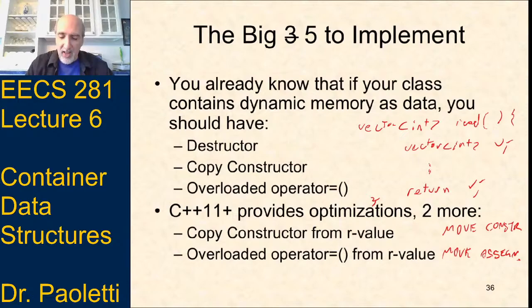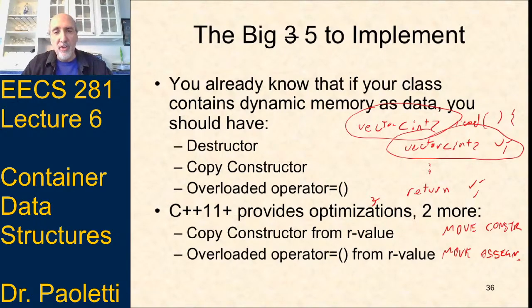Before C++11, this local variable is about to disappear, and so you would have to copy it to the return location and then destroy the original. From C++11 on, it says, hey, don't make a copy and destroy the original, just give them back the data. Give them the data and destroy nothing. And so it makes it more efficient to write things like this. You may not even realize that this is happening, but it made a huge difference in efficiency when this was introduced in C++11.